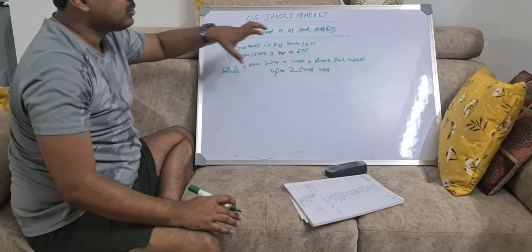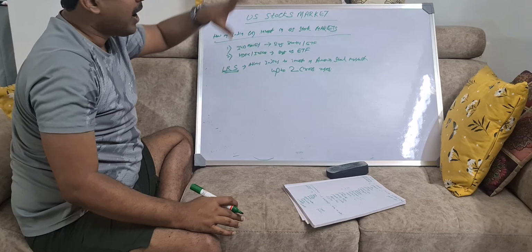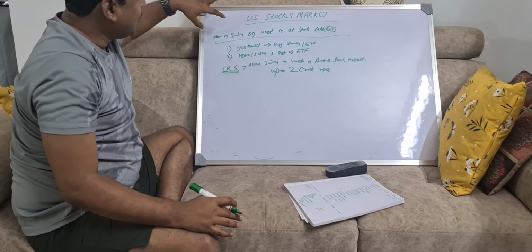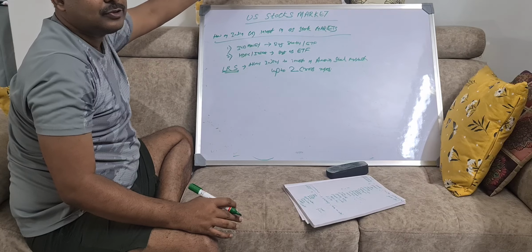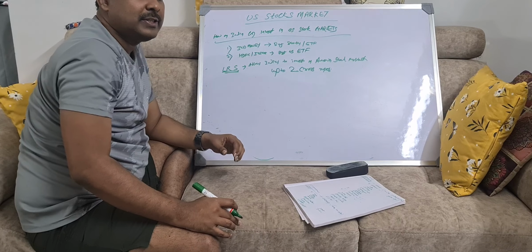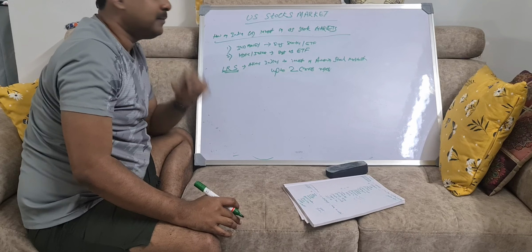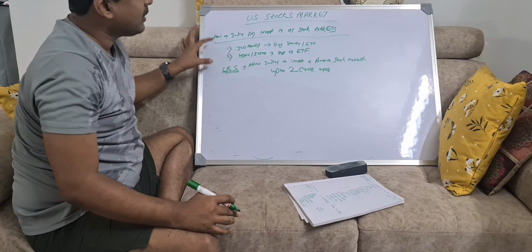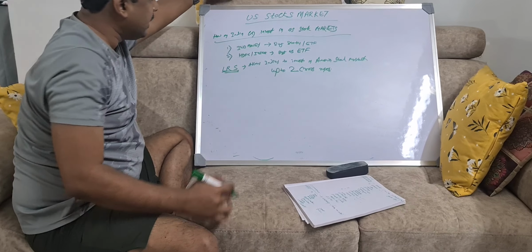That is a legal way. So where you invest in US stock markets is up to your choice, which stocks you want to go for. Okay. So these are the two mechanisms where you can invest in US stock markets.